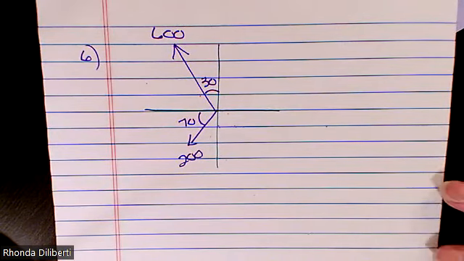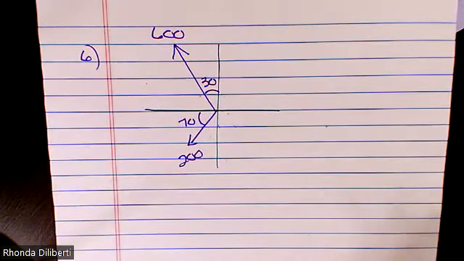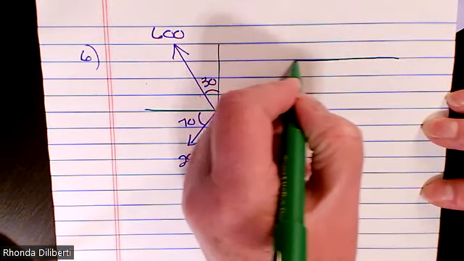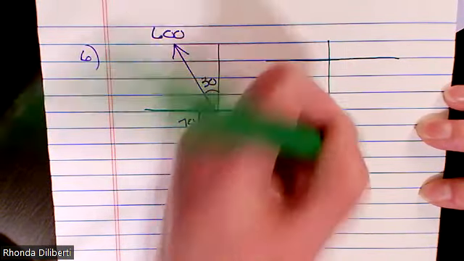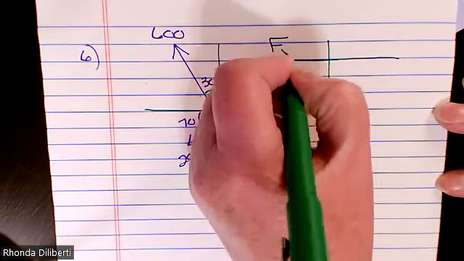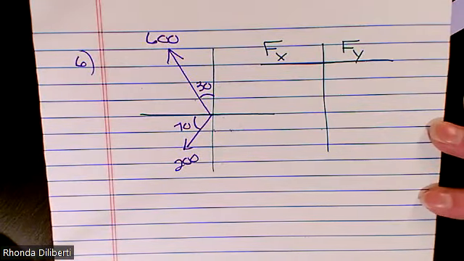All right, so for component method, we take our vectors and we break each of them down into their x and their y components. So I'm going to make a little component chart here. And since these are forces, I'm going to call this the x component of the force and the y component of the force.